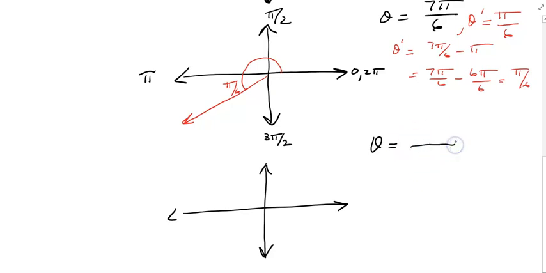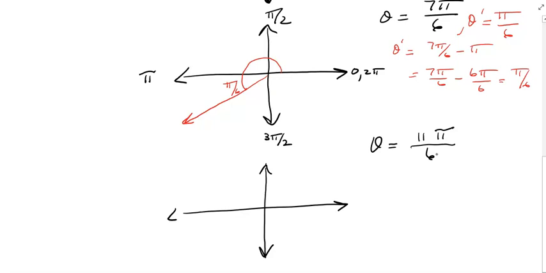Let's do 11 pi over 6. I was trying to think of a different example. We'll just do this one for now. Sorry. 11 pi over 6.